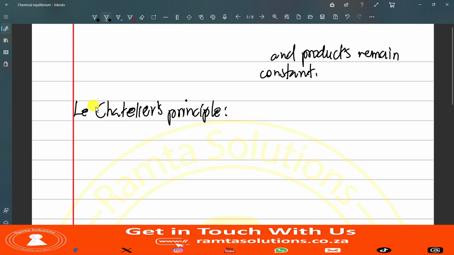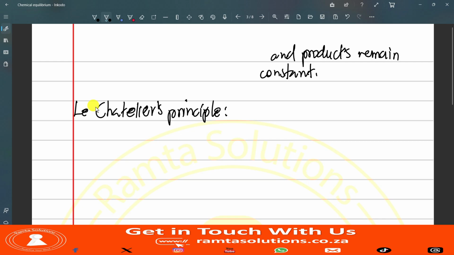So this one says your system is already at equilibrium, meaning the amounts of products and reactants are remaining constant, and the rates of the forward and the reverse reactions are equal. Now, this system wants to continue like that. It doesn't want to be disturbed. But because there are people who like disturbing our peace, they will always try to change that system.